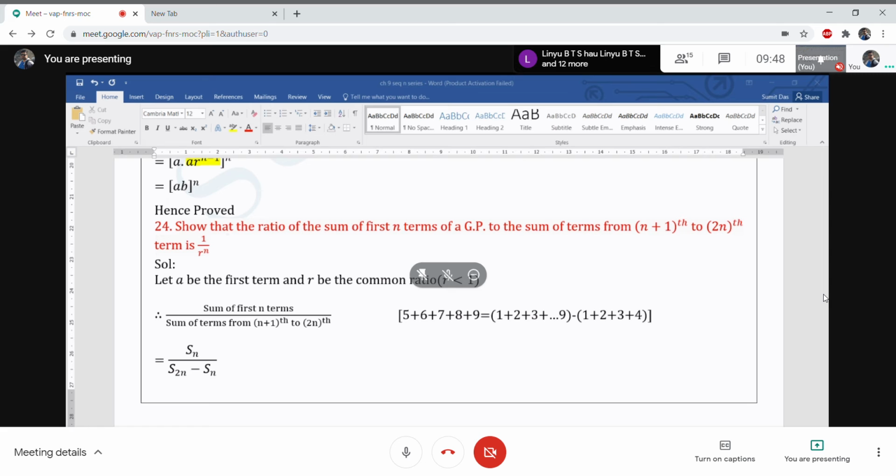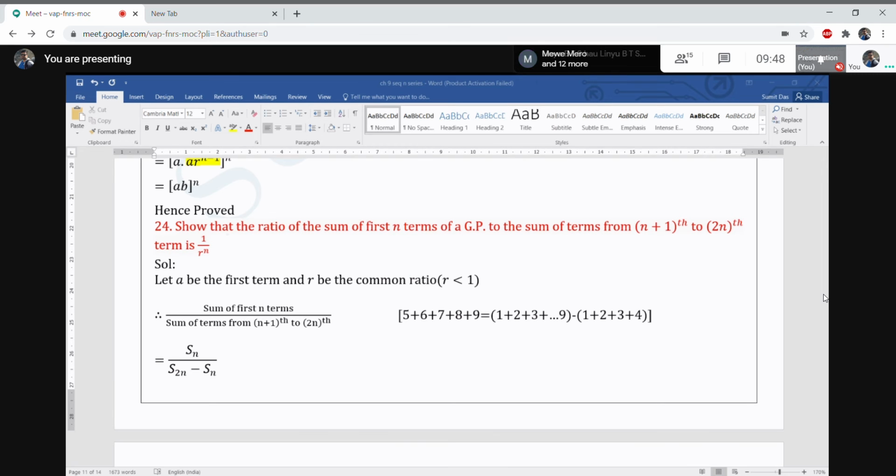Is it correct? I have to find the sum of 5 to 9. Then what I did, I just found the sum of 1 to 9. Then I subtract the summation of 1 to 4.